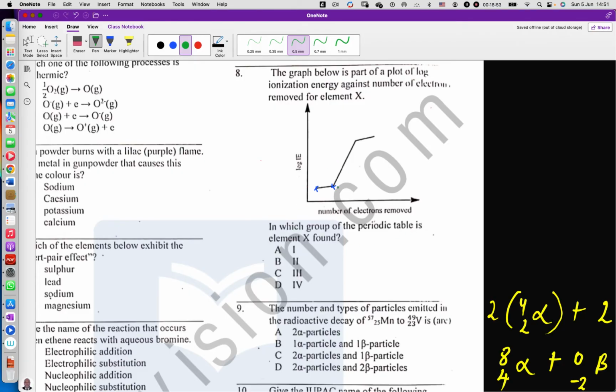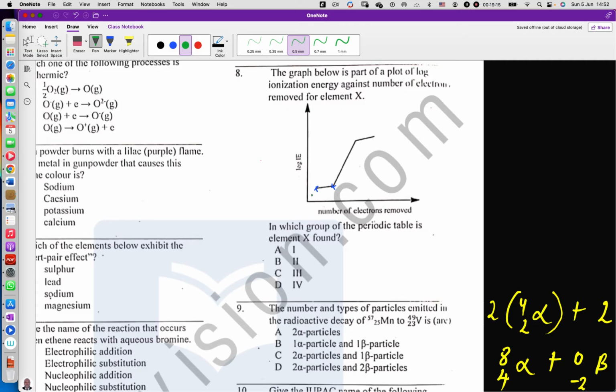Okay, when you see such a question involving number of electrons removed on the x-axis and log of the ionization energy on the y-axis, what you need to do is look at the trend of the graph.